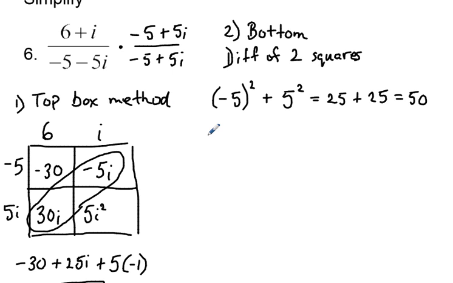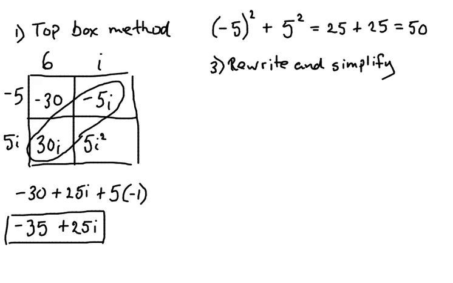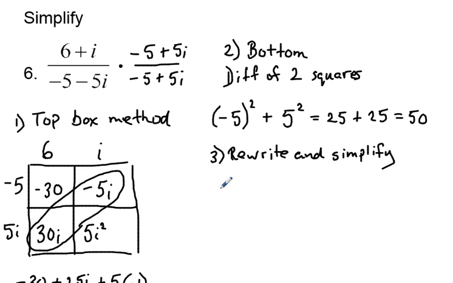All right, our next step is going to be to rewrite and simplify. So remember that at the top we got negative 35 plus 25i, and on the bottom we got 50.